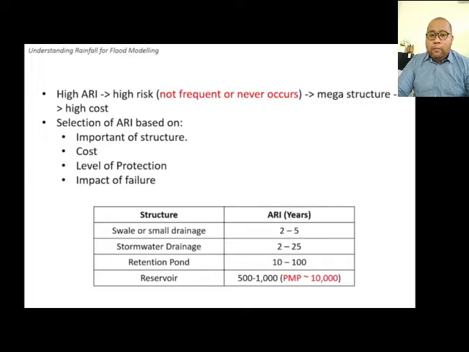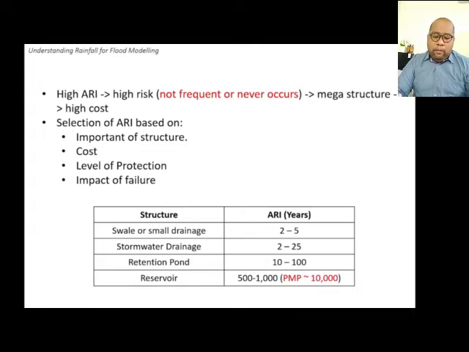Okay, for example, probably 3 months until 2 years ARI. So if you have a high ARI, that means it will increase the cost. So the selection of the ARI is actually based on the importance of the structure. Kalau structure tu very important, and it affects a lot of people, normally we design for a high ARI, up to 100.